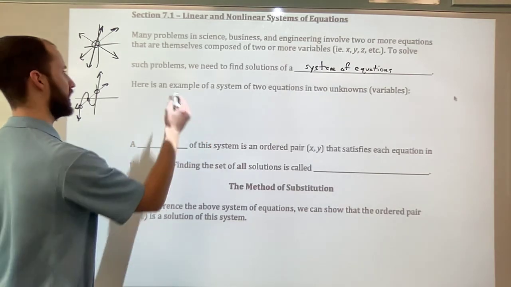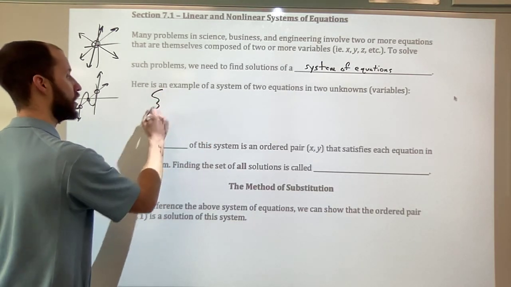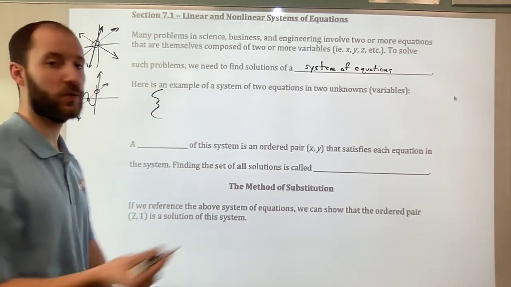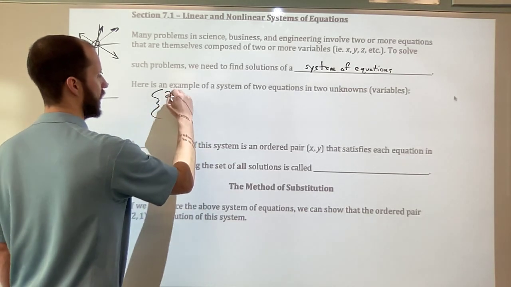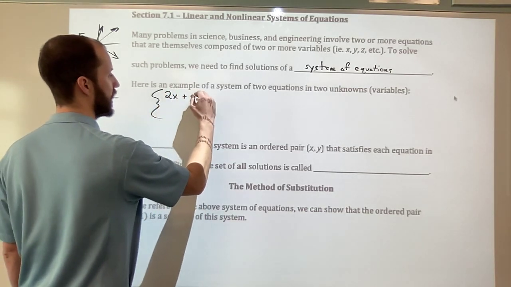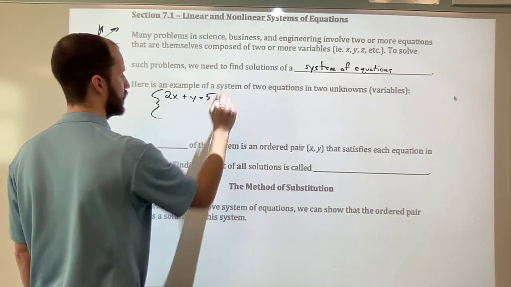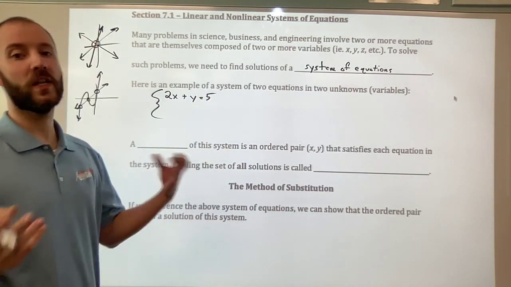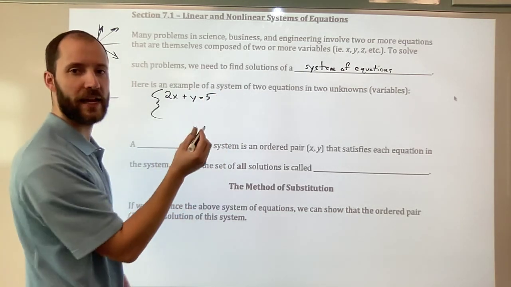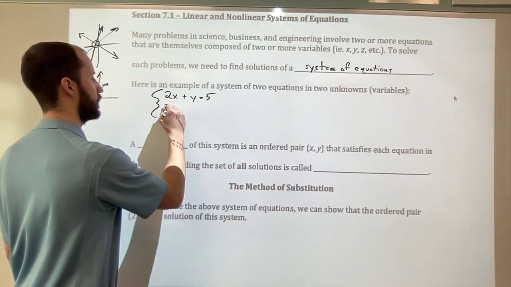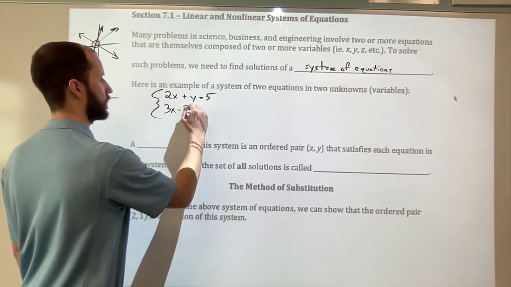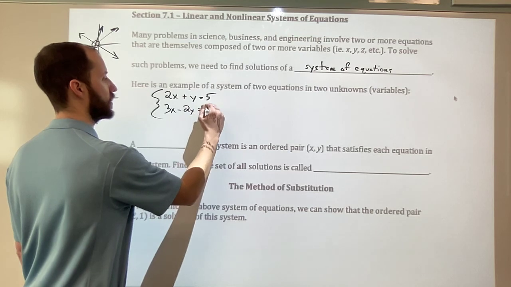So for example, a system with two equations with two unknowns, do 2x plus y equals 5. So there's one equation, and then 3x minus 2y equals 4.